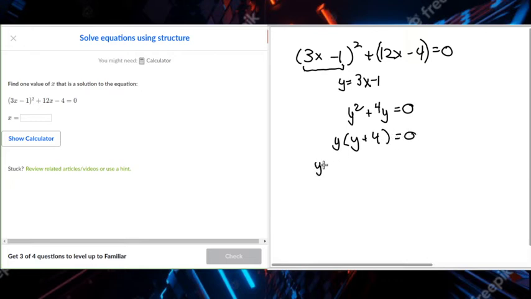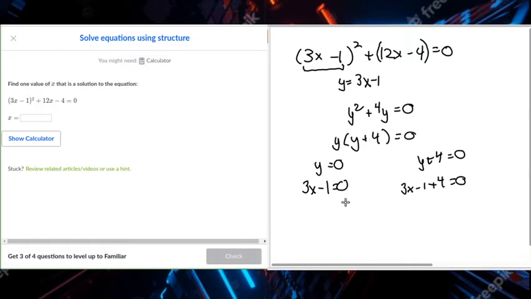So I know that y is equal to 0, or y plus 4 equals 0. And then I can substitute this back in. Y is 3x minus 1. So if y is 0 and 3x minus 1 is y, then 3x minus 1 is 0. If y plus 4 is 0 and y is 3x minus 1, then 3x minus 1 plus 4 is equal to 0.